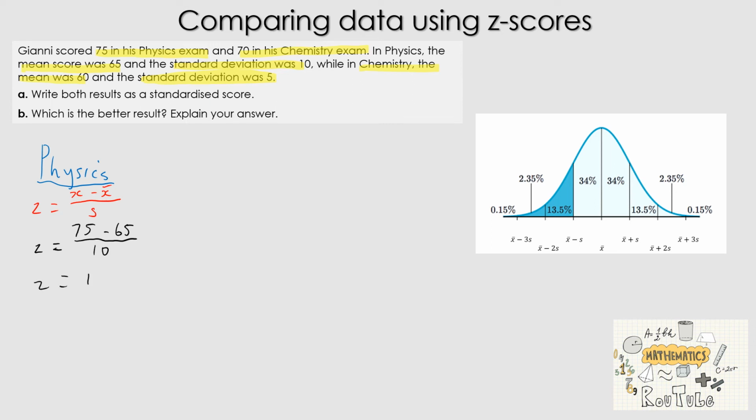It's going to be 10 over 10, so the z-score is +1, which you don't need to write the positive. The z-score is just 1. That means that Gianni's score was 1 standard deviation above the mean. So he performed better than the mean, which is awesome. Well done, Gianni. Now, let's work out his chemistry z-score.